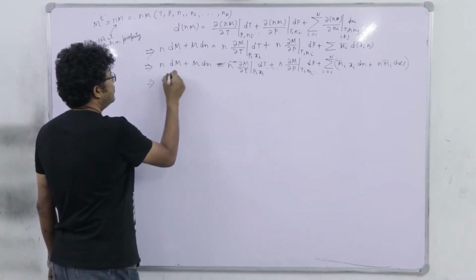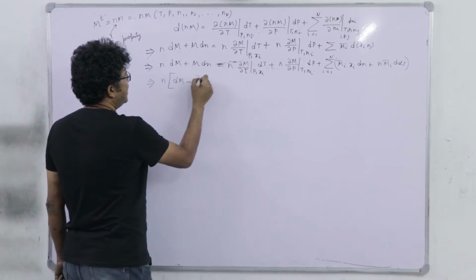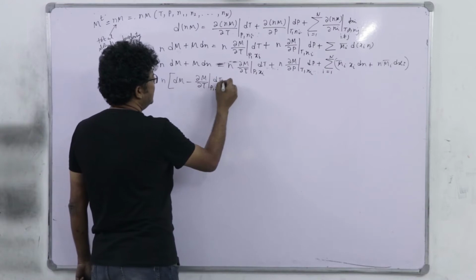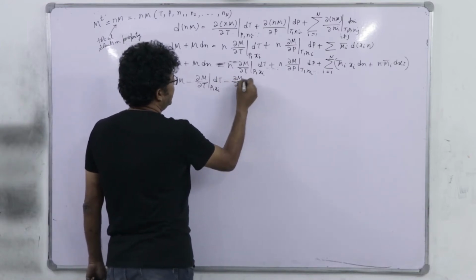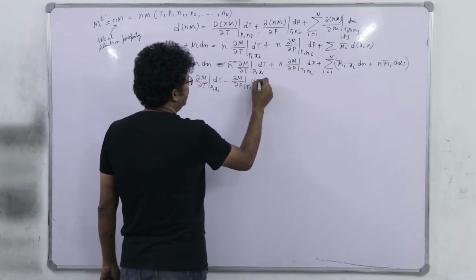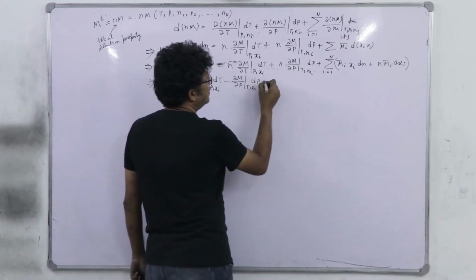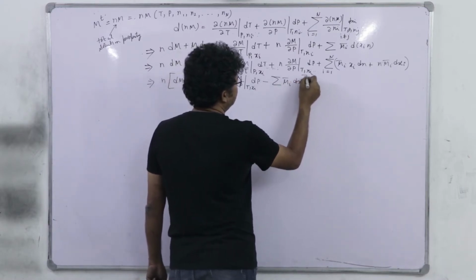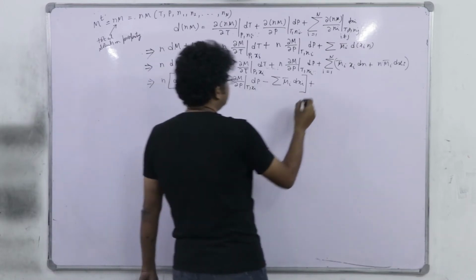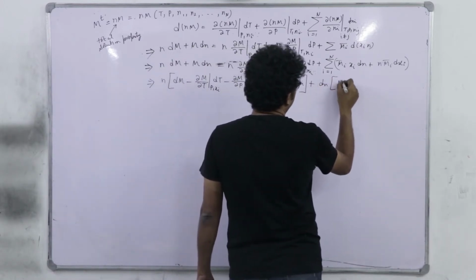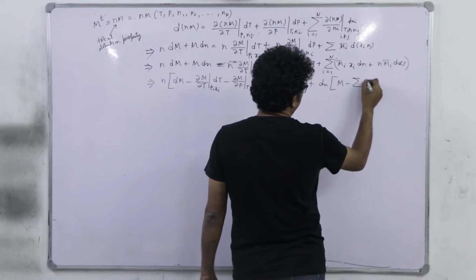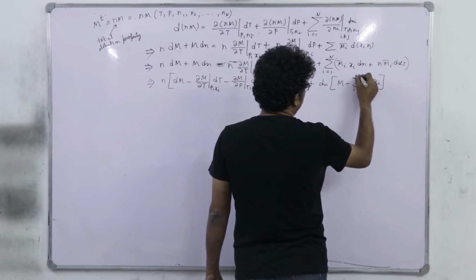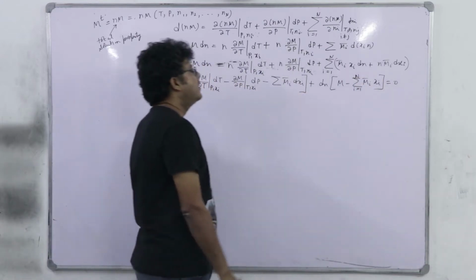So n within bracket dM minus (∂M/∂T) at P, xi dT minus (∂M/∂P) at T, xi dP, right, minus summation of Mi bar dxi plus dn, which is M minus summation of Mi bar xi, i equal to 1 to n, that is equal to 0.